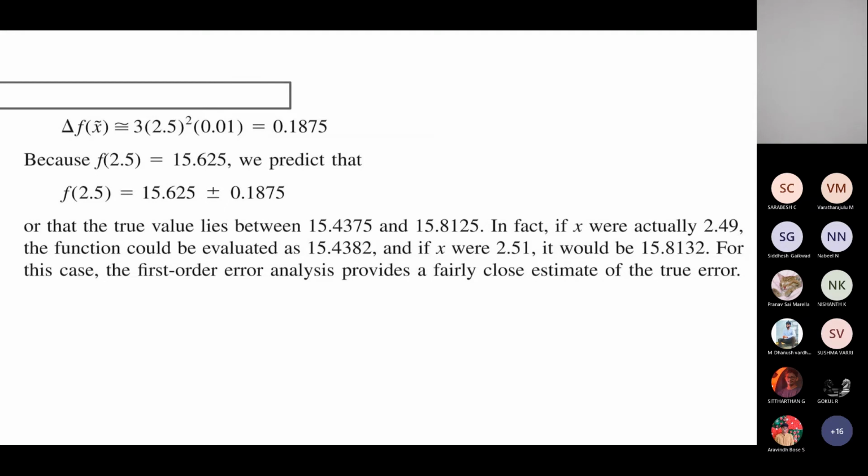After putting 2.49, we get 15.4382, and for 2.51 we get 15.8132. This is close to the values we got earlier. The change in the values is because we have omitted the second order and higher order terms, so we have got the error. Next slide.